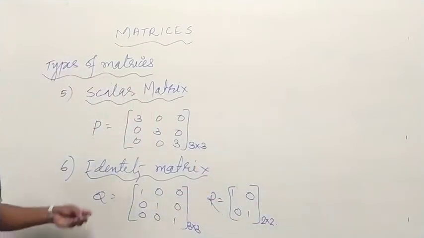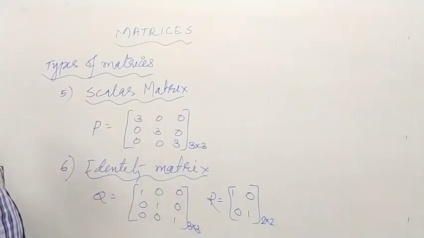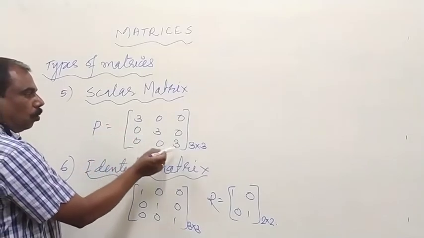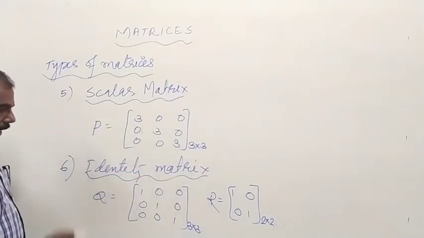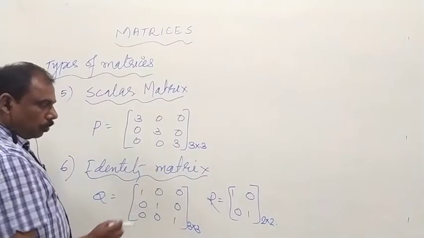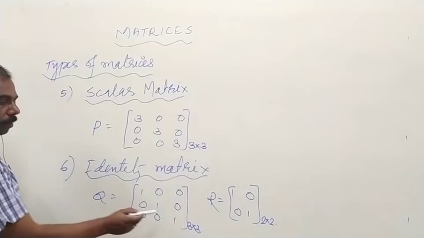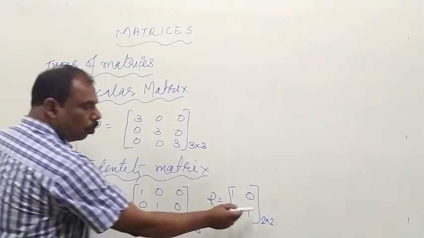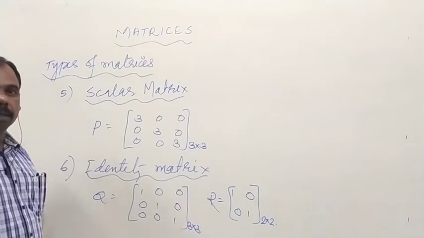So, what's the difference between an identity matrix and a scalar matrix? When you look at the examples, we come to know that in a scalar matrix all the diagonal elements are equal, here equal to 3. Whereas in the identity matrix we have considered, the diagonal elements are equal to 1, whether it is 3 by 3 or 2 by 2. Such a matrix we call an identity matrix.